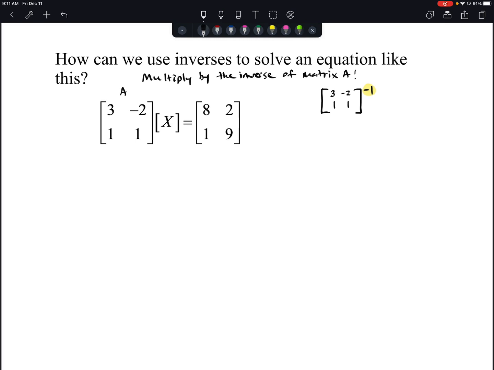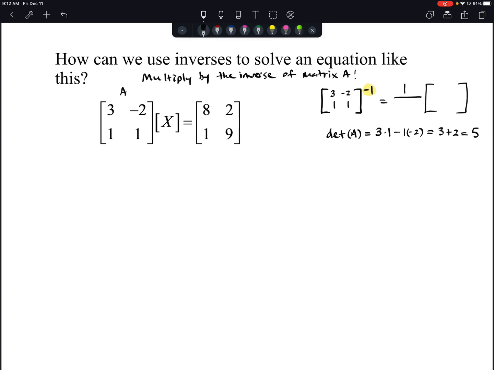It's going to be 1 over the determinant, and then we multiply it by that special 2 by 2 matrix that will come from these elements. We'll talk about that in a second if you forgot what it was. The determinant of A is going to equal A times D, so 3 times 1 minus 1 times negative 2, which is going to be 3 plus 2, or 5. It looks like 25. I forgot my equal sign.